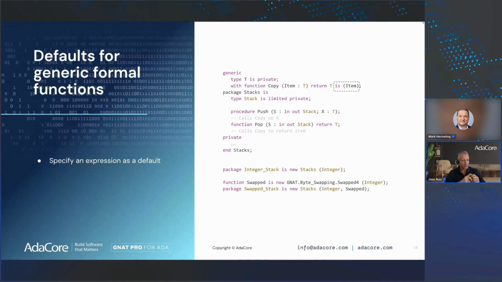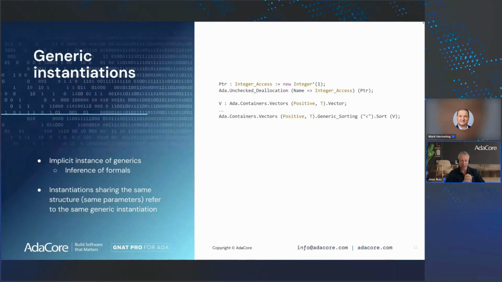In the next slide, I will show you something again in the field of generics that will simplify the way you use them. It's basically related to the inference of formals. If you look at the top of the example, you use the unchecked deallocation generic.